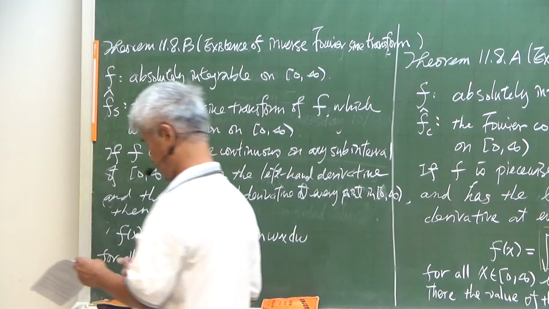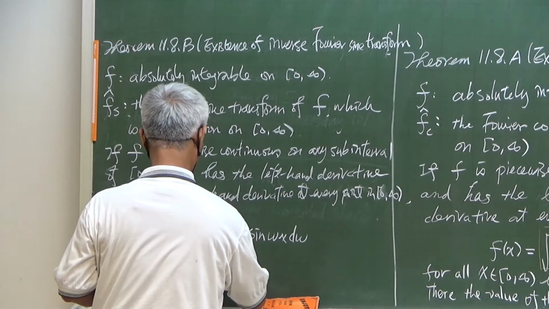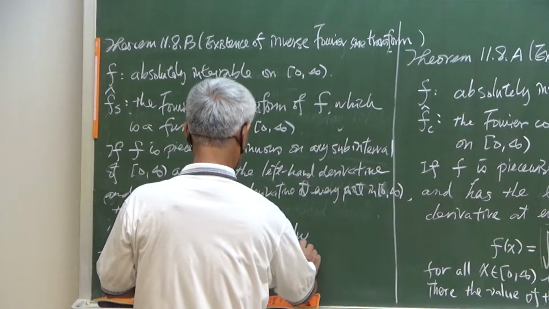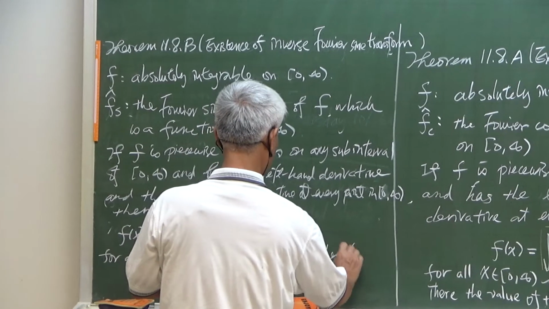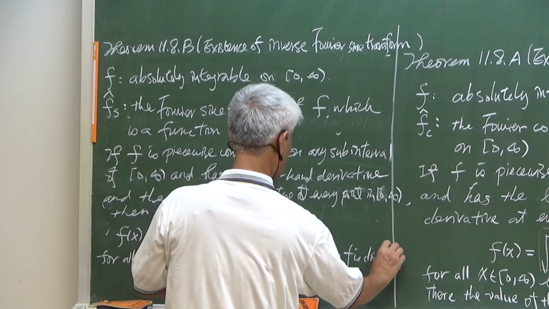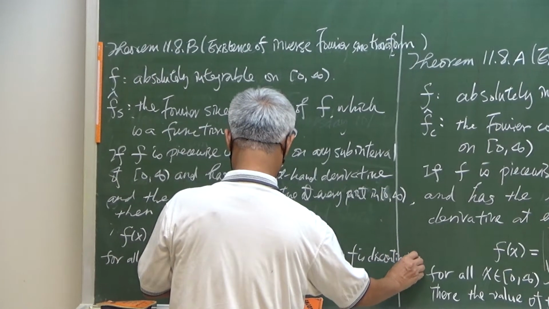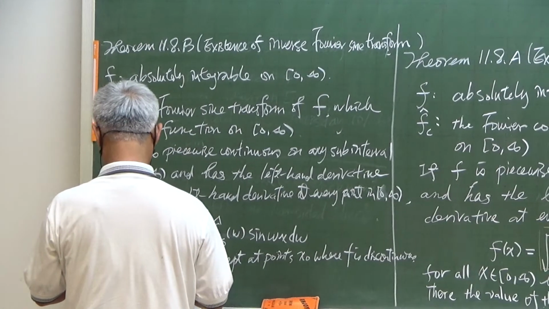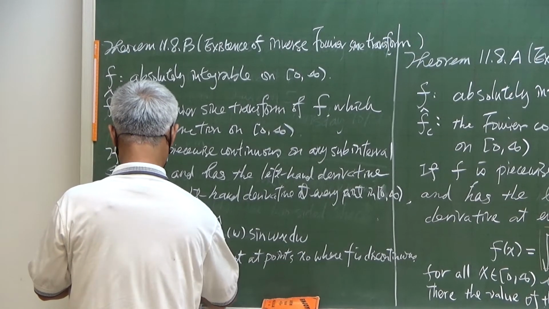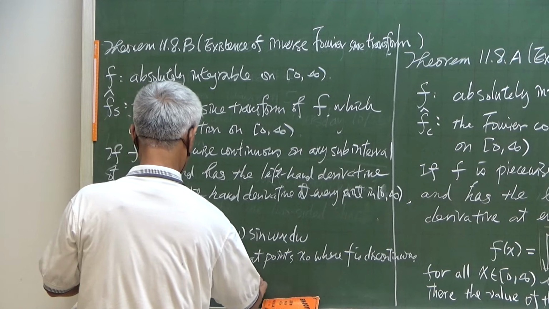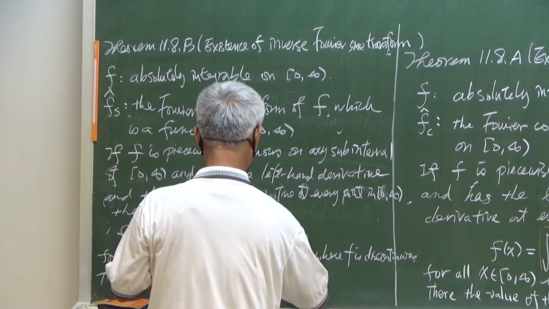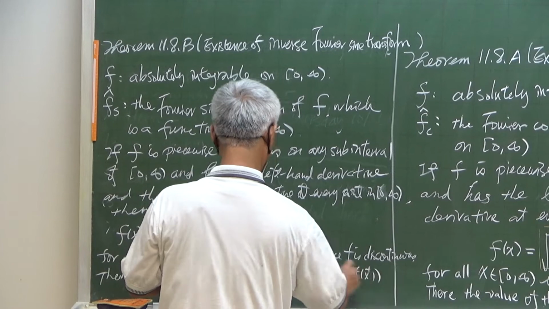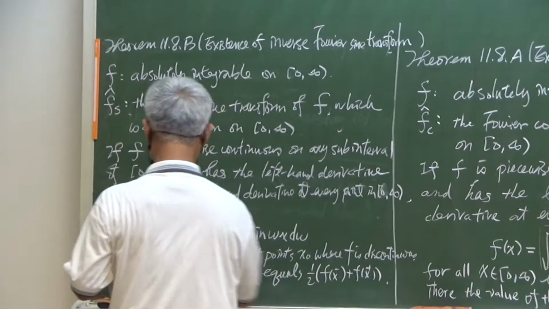So we are saying that except at points x0 where f of x is continuous, there the value of the integral equals the average of the left-hand and right-hand limit. Now we deal with the endpoint.